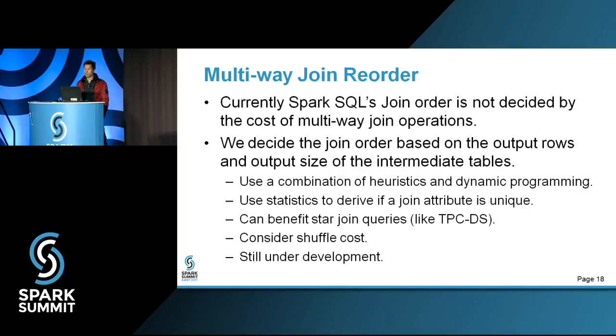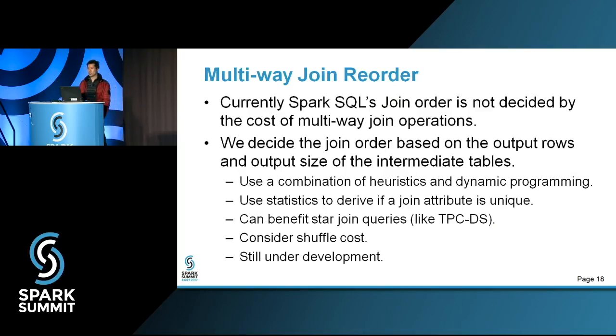Currently, Spark SQL's join order is not decided by the cost of candidate join orders. In our algorithm, we decide the join order based on the total cost of the intermediate tables. The algorithm is a combination of heuristics and dynamic programming.